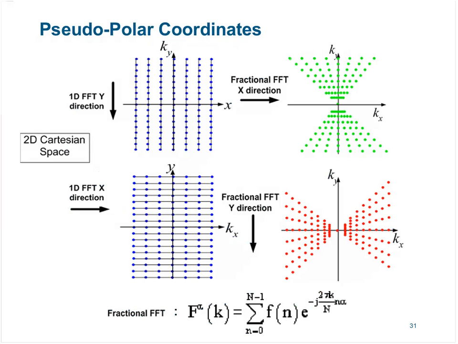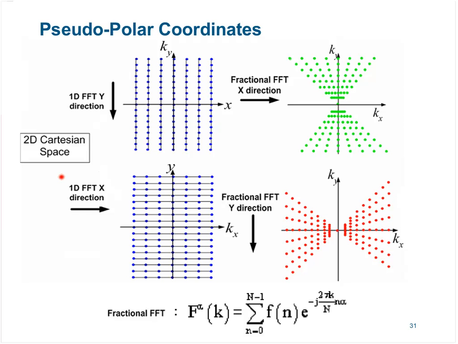Actually, if you have a Cartesian coordinate system and you have applied a one-dimensional FFT in the y direction, then you have the coordinate ky, which is a Fourier variable, and along the x-axis you have the same spatial variable x.